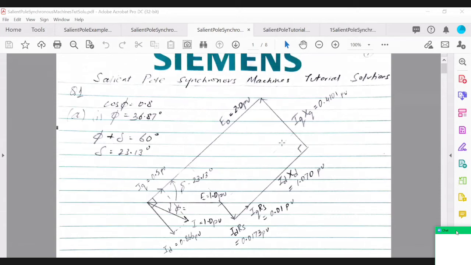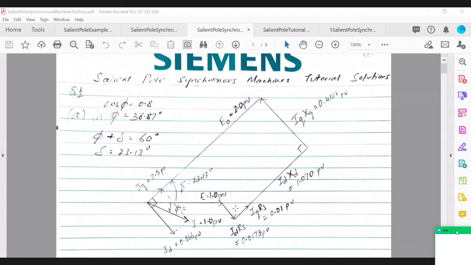And as you can see, I've split this section, right? So this vertical here from here to here basically is the opposite of resolving this phasor E along the vertical, right?